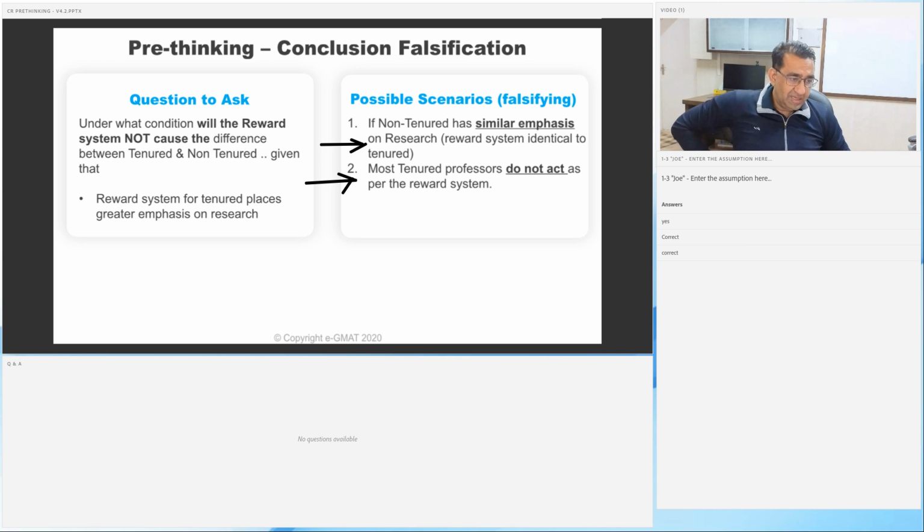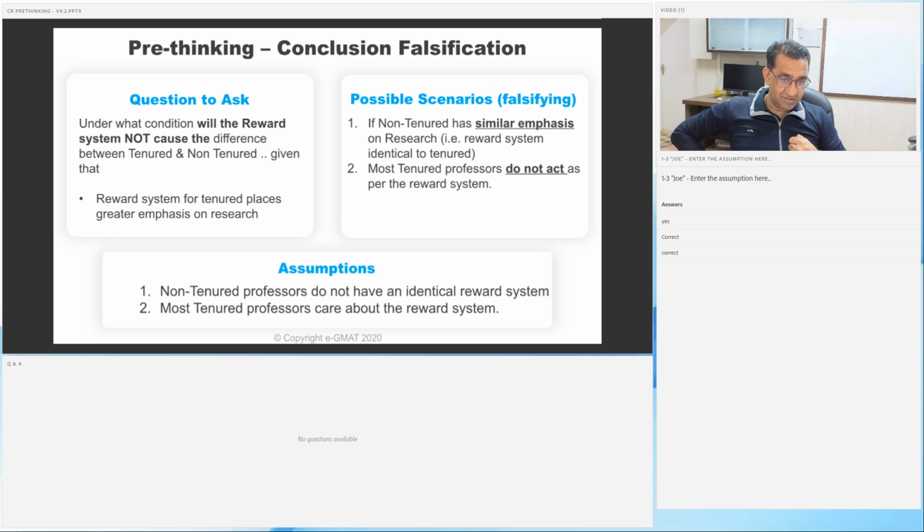They just don't like teaching. For them, they would have done just the same regardless of the reward system, a majority of them. In that case, you can't blame the reward system. If that is the case, then your assumptions are that lecturers do not have an identical reward system, and most faculty should care about the reward system. Not every, but most.